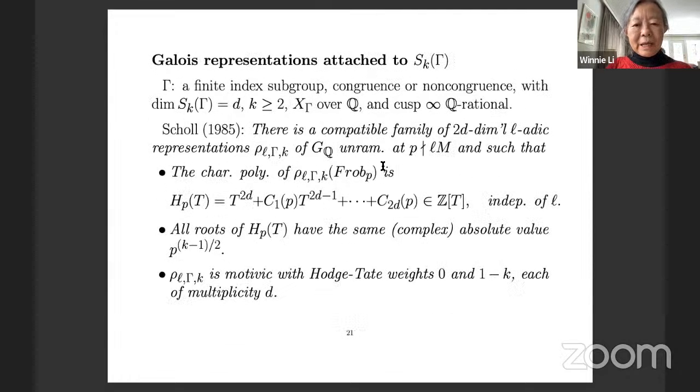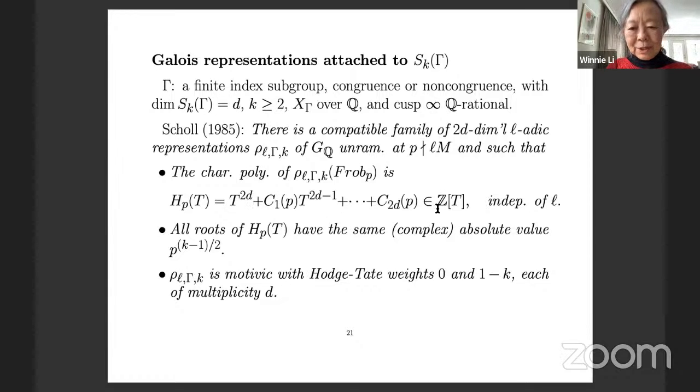And it has the following property. At an unramified prime, we look at the characteristic polynomial of Frobenius. It is a degree 2d polynomial.